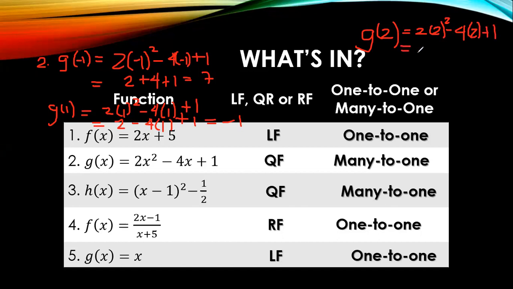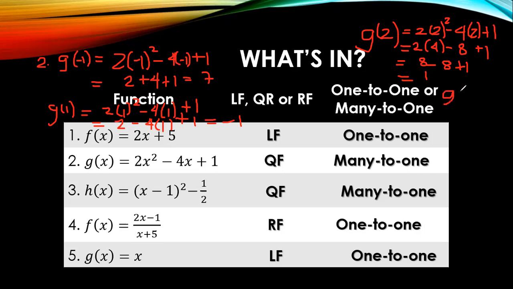So, it is equal to 2 times 2 squared is 4 minus 4 times 2 is 8 plus 1. So, that is 8 minus 8 plus 1. So, ang answer natin ay 1.